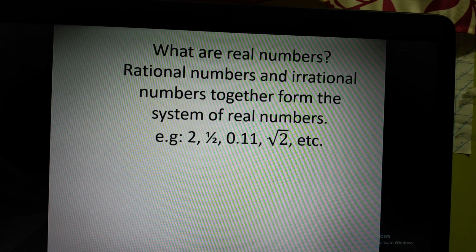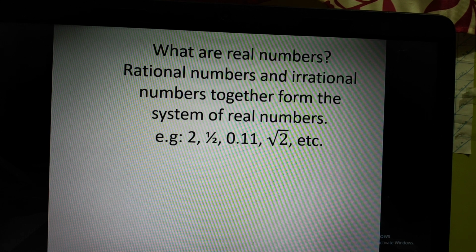The first number 2, which is given as an example here, is a rational number because it can be put in the form of p by q, where p and q are integers and q is not 0. Similarly, 1 by 2 and 0.11 are also rational numbers.